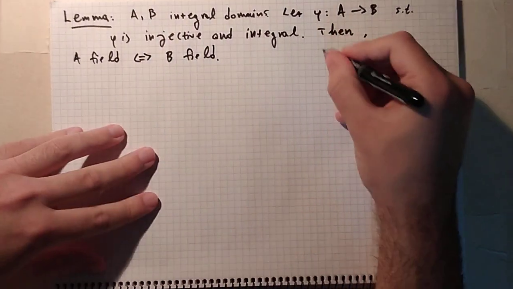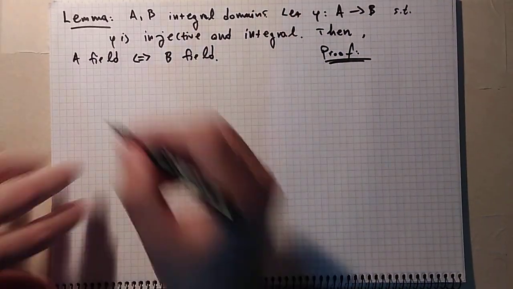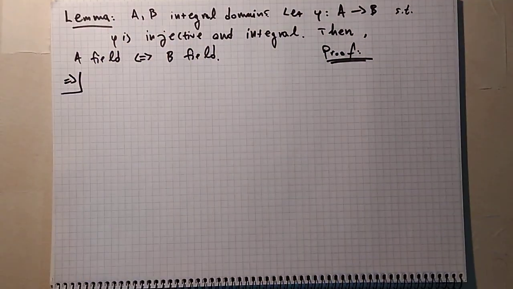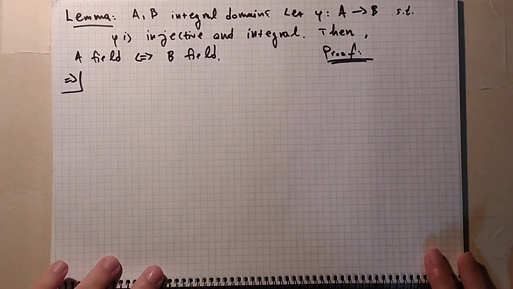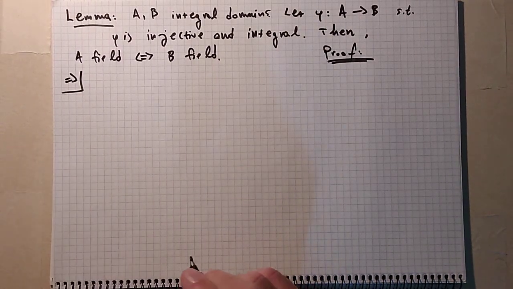Okay, so let's see how the proof goes. I'm starting with this direction. So I assume that A is a field, and I want to prove that B is a field. The strategy is pretty simple.